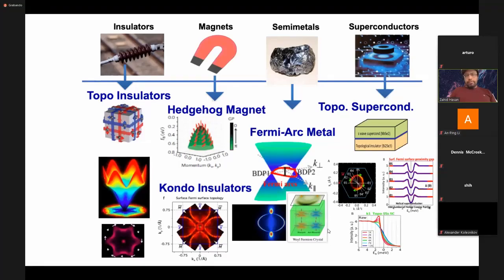So the distinction here is that to understand these phases of matter, understanding the symmetry of electronic states and crystals is not enough. You have to have a sense of the wave function space or Hilbert space topology, and how that Hilbert space topology is manifested in physical, electrical, and magnetic properties.